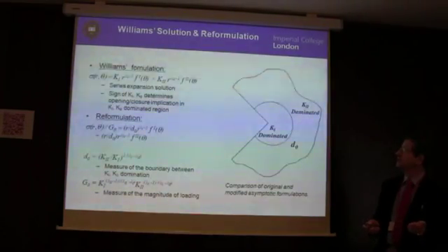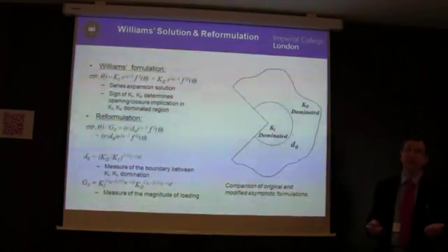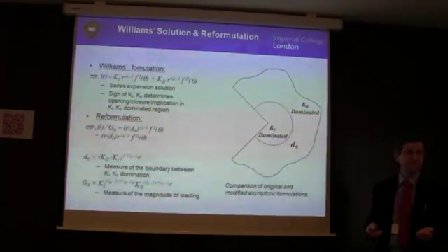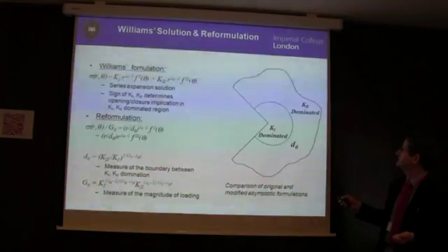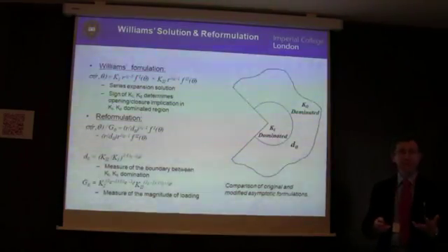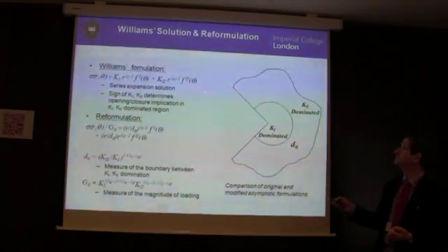And whereas for the special case of a crack, these two terms are equally singular, they're both square root singular, if this angle here is less than pi, then the K1 term is more strongly singular than the mode 2 term.